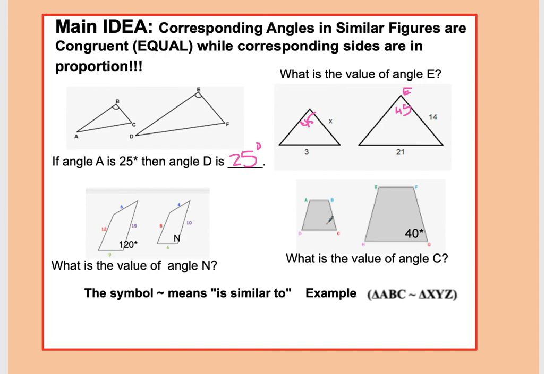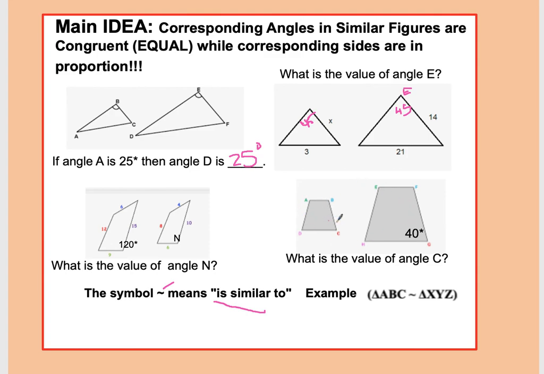Awesome. So our last thing would be this symbol here. This squiggly line means similar to. When you see that, it's similar to. An example would be here where you have triangle ABC is similar to triangle XYZ.